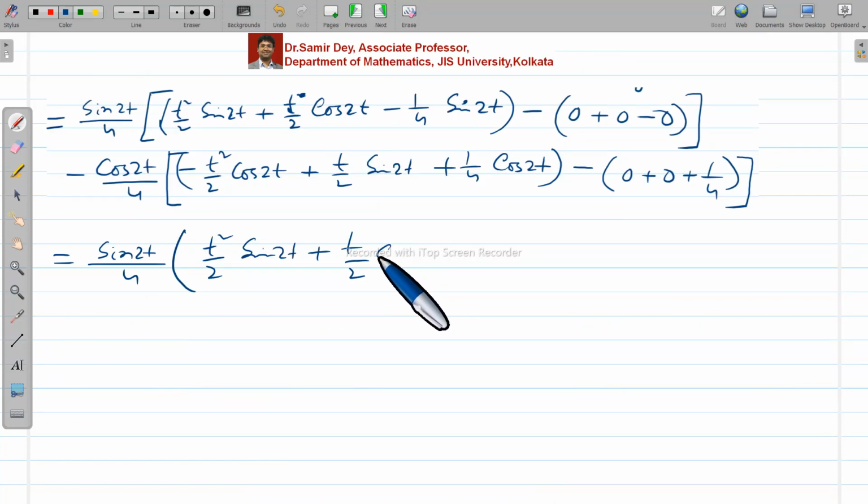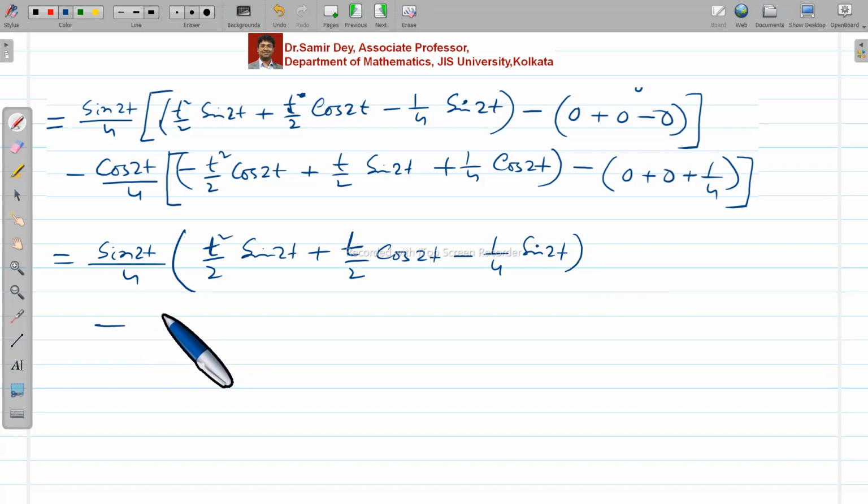Now cos of 2t minus 1 by 4 sin of 2t. Clear?